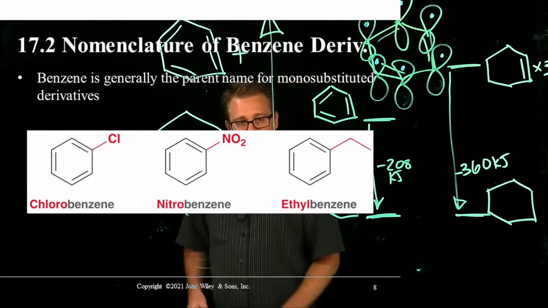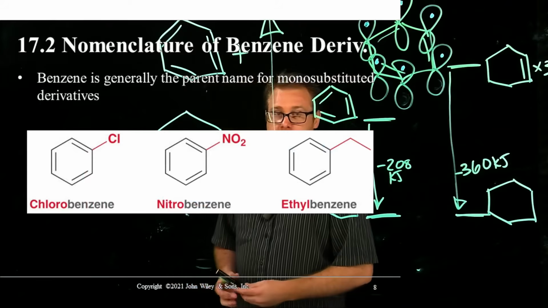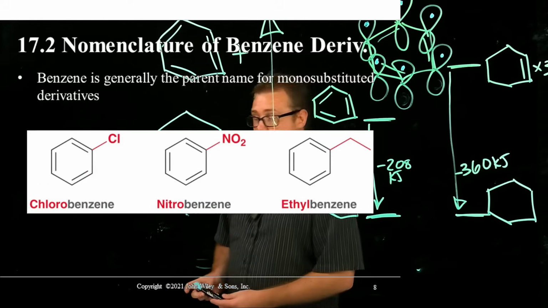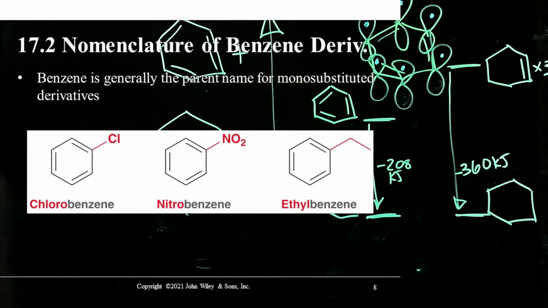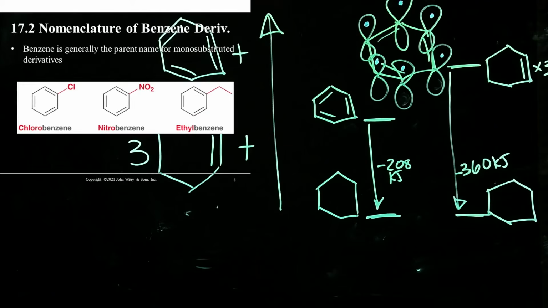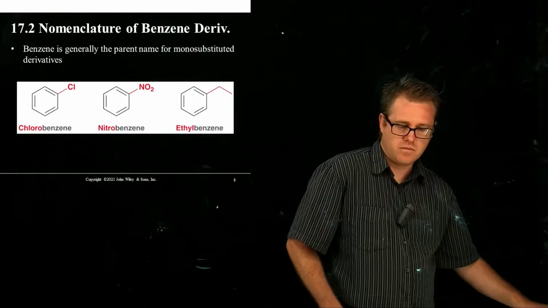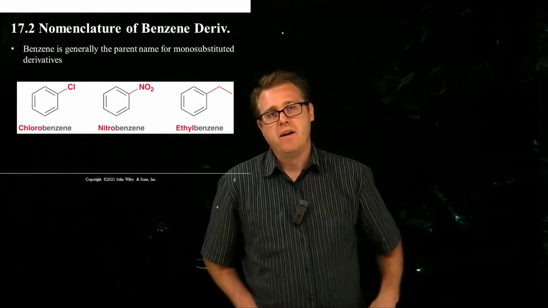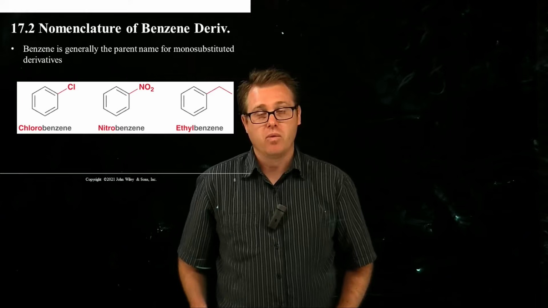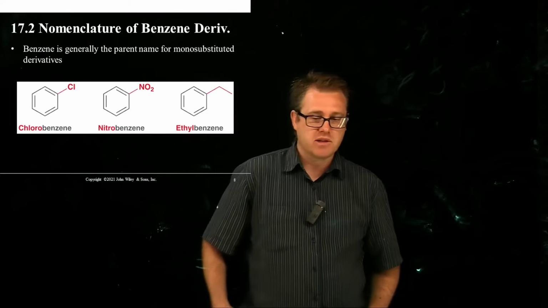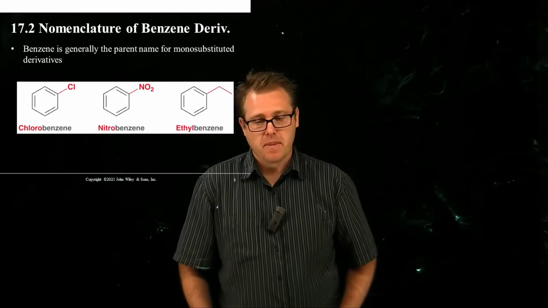Now we're going to talk a little bit about nomenclature, on how to name these benzene derivatives, okay? When you have a benzene molecule with one substituent on it, it's called the monosubstituted derivatives.